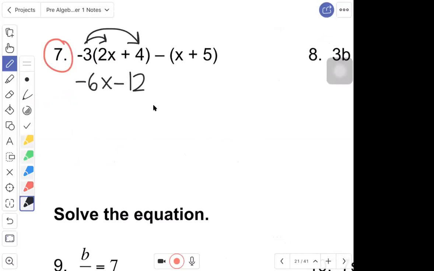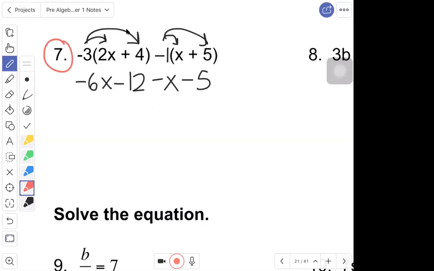What should we do for the rest of this? That's a -1 in front of that parentheses. So then you would have to multiply the -1 into x and 5. Good, and what will that give us? -1x minus 5. Good. And what are the like terms that we can combine here?